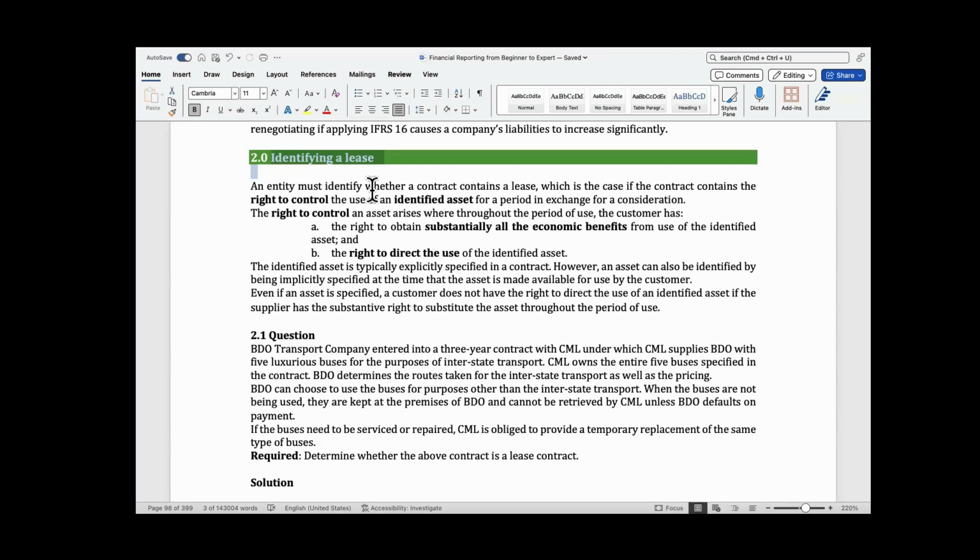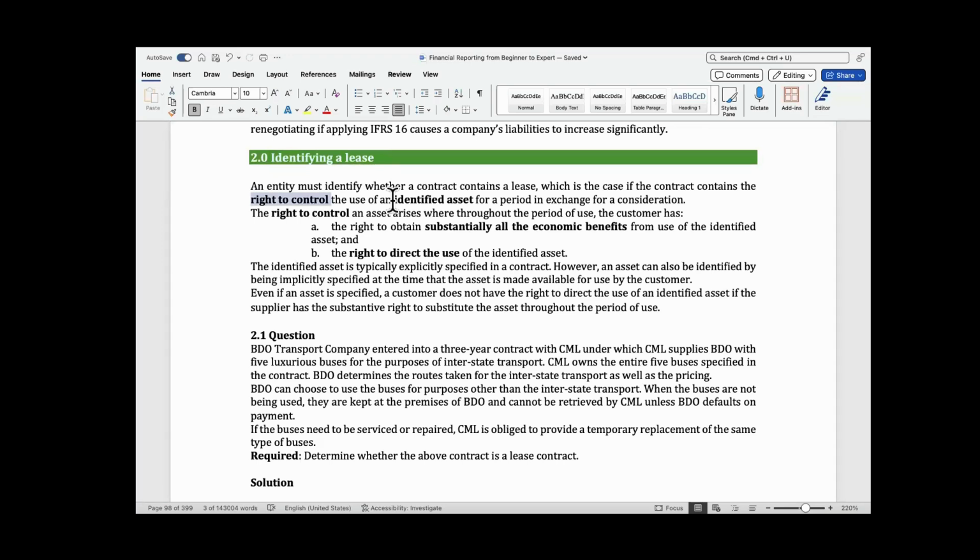Even though it's for a period and people are paying, it might still not be a lease. For a contract to be a lease arrangement, the lessee must have the right to control the identified asset. When he has the right to control the identified asset, then we are talking about a lease.